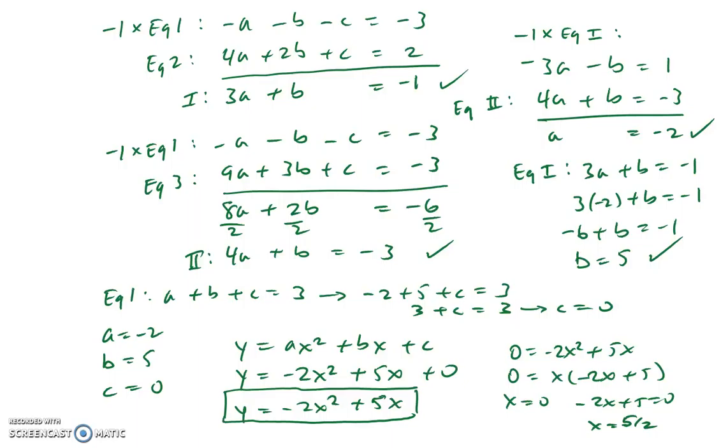So this would just help us to verify that the equation that we've obtained, y equals -2x squared plus 5x, is the parabola that's shown in the graph in your notes. So just an application of using a system of equations to find the equation of a curve that fits a particular collection of points. That concludes the notes for section 8.2.